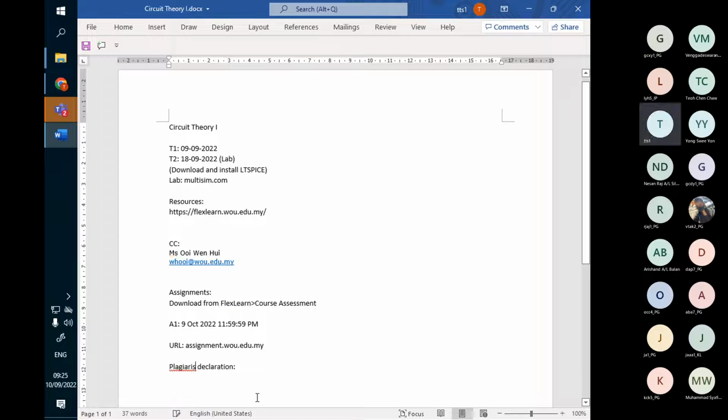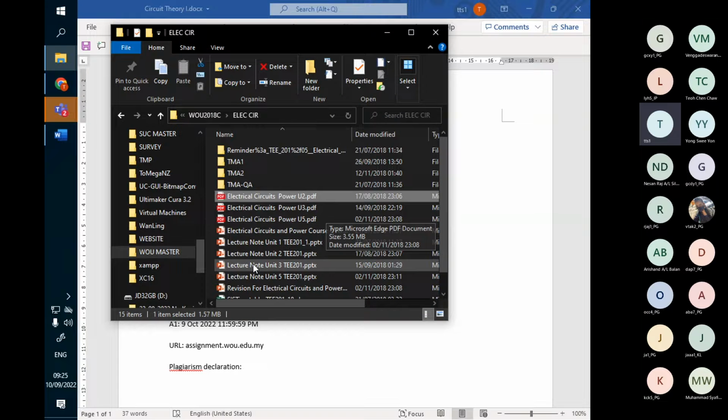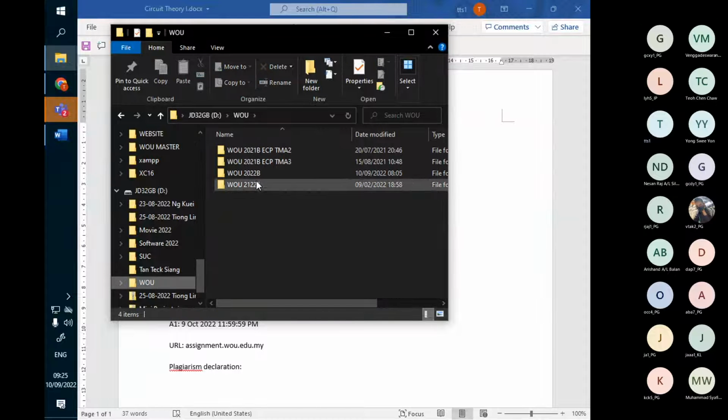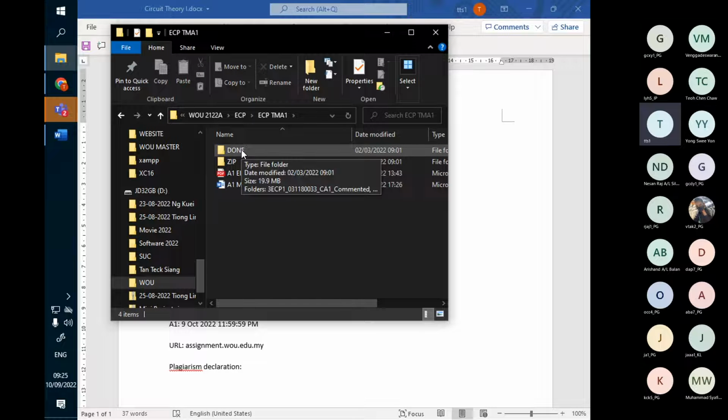Okay, plagiarism. Did I spell it wrongly or not? Let me double check it. You see, every student, when I mark, and by the way, I'm the one who also marks your assignment.